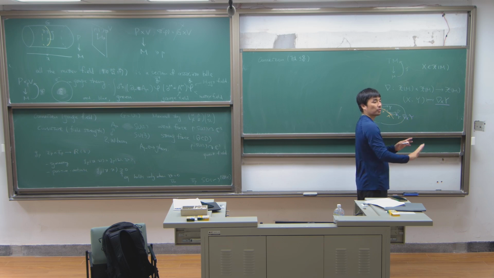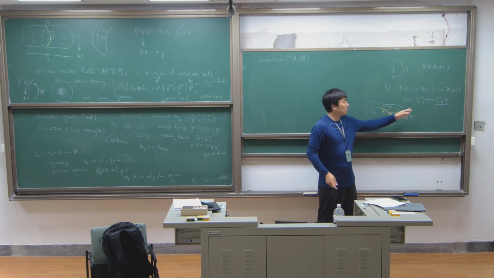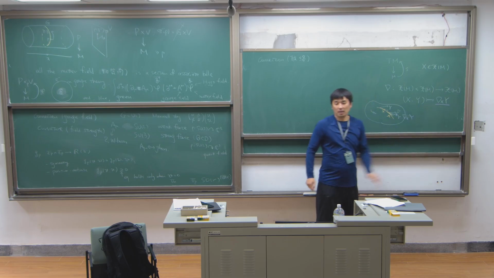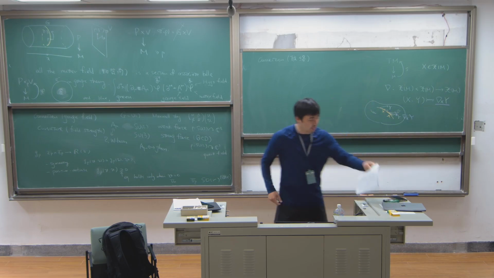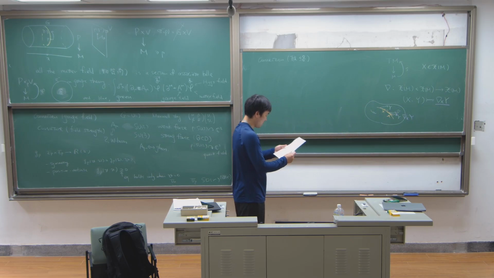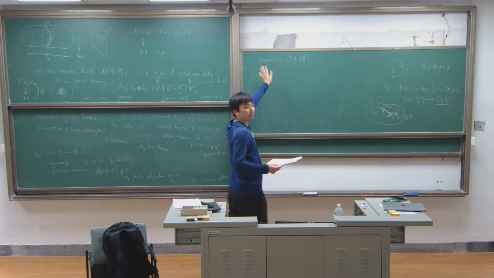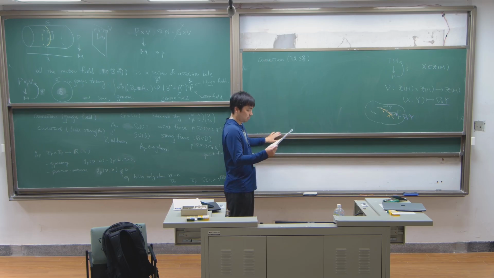So the connection will give you the relation between different fibers by just doing parallel transport. Okay. And then the difference between them is just the covariant derivative along X. So that's it. So we do the same thing for a vector bundle.